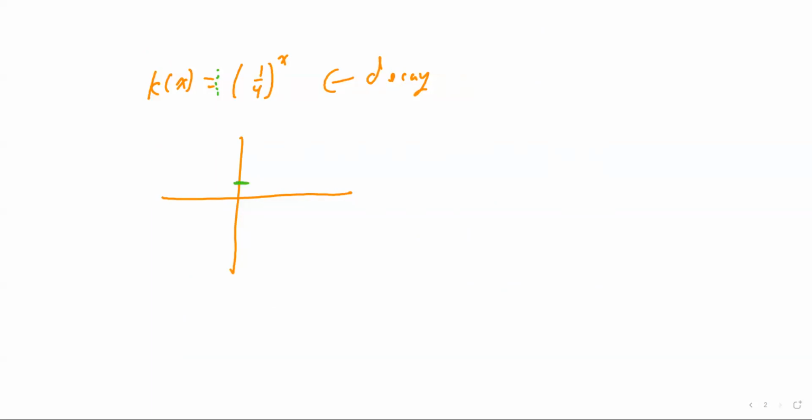So it needs to be a decay, but we still have this asymptote at y equals 0. So we'll start up here and then go down and plateau here. Something like that.